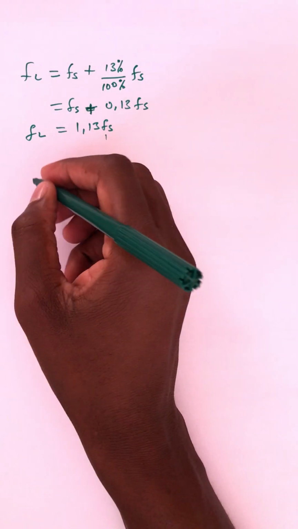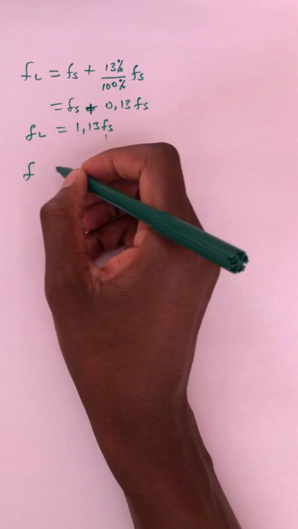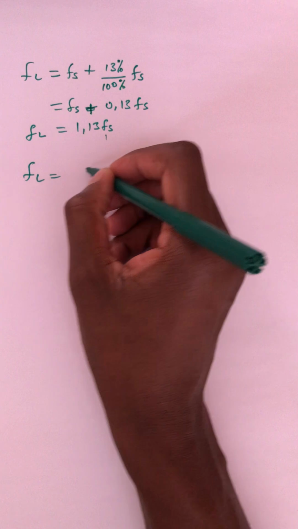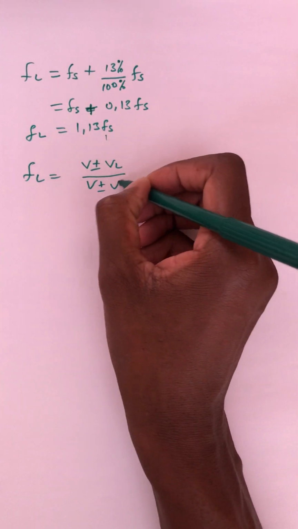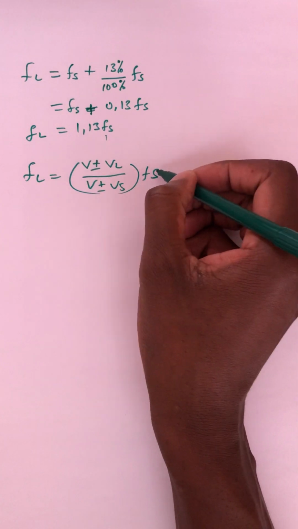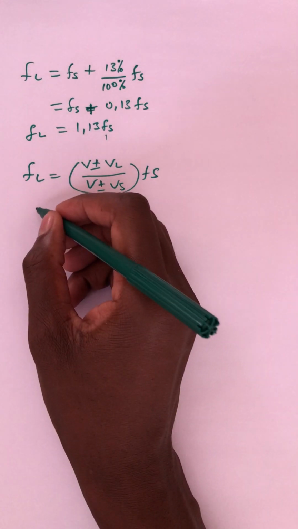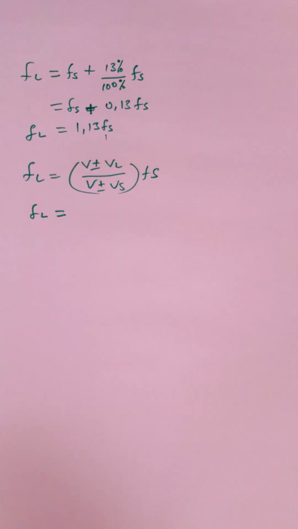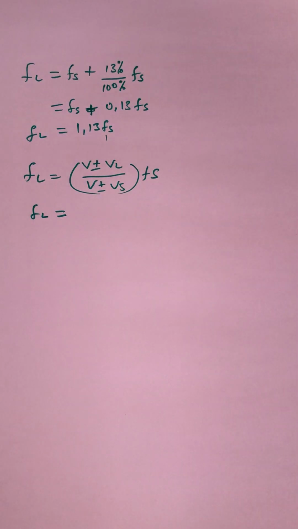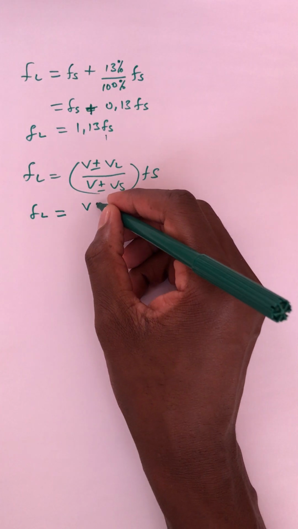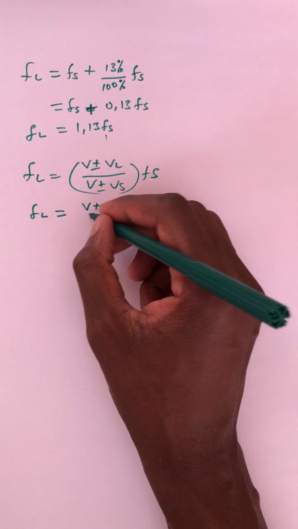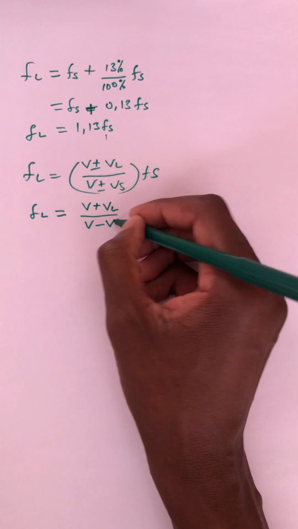So now we are going to our equation: fL is equal to (v plus or minus vL) over (v plus or minus vs) times fs. So now, since you as the listener are moving towards the sound source, it means that, as we know, towards is positive up there and negative down there.